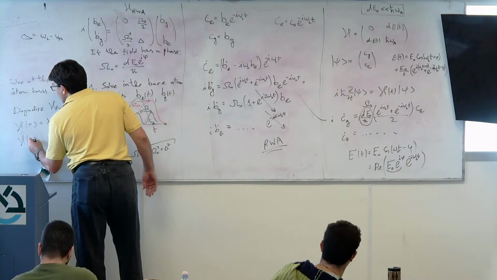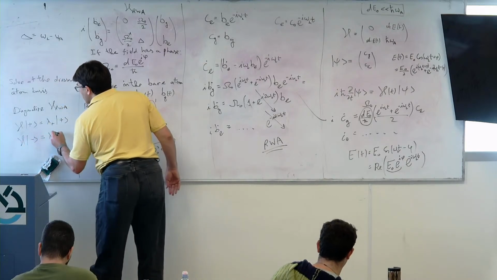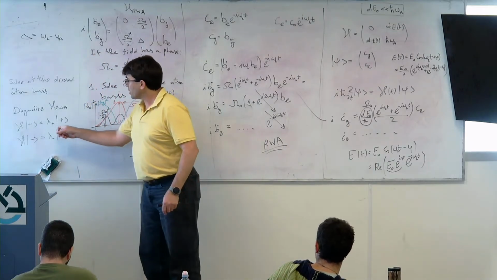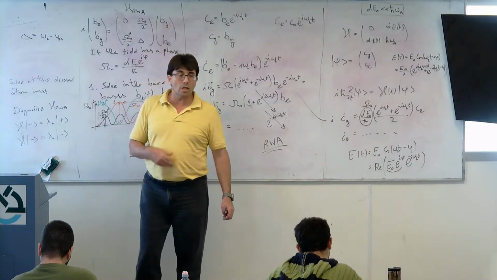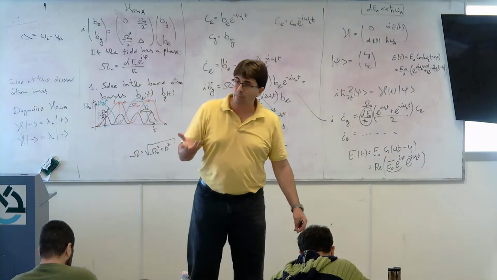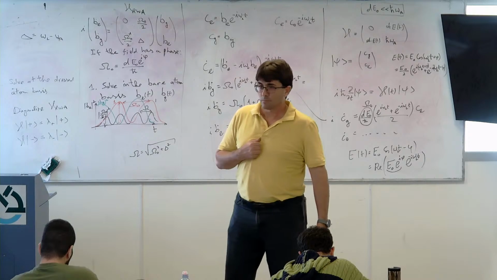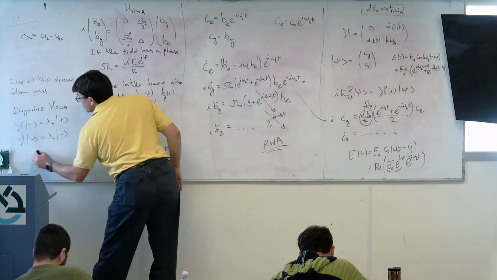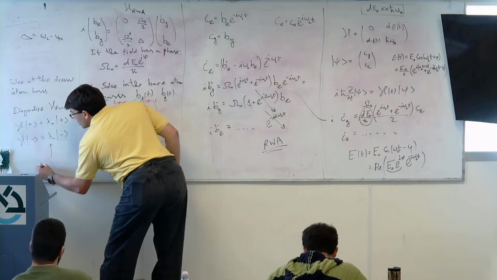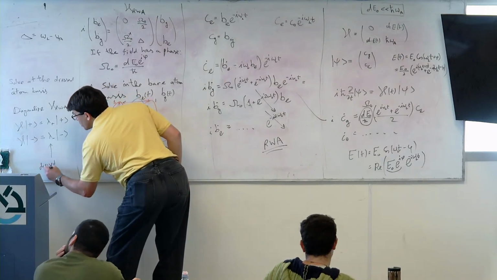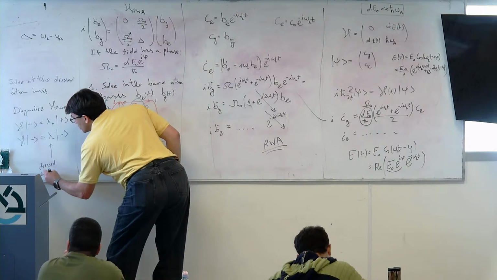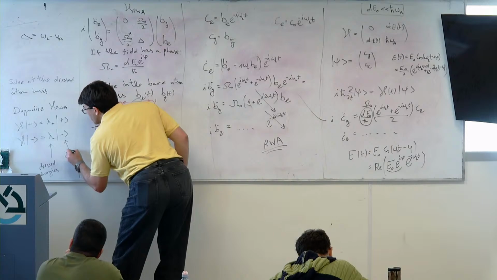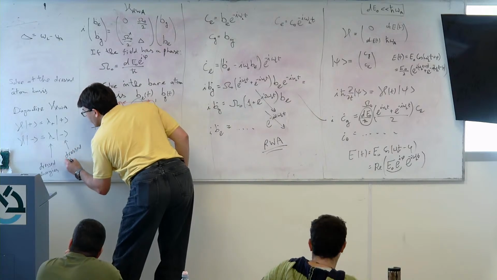H operating on state minus equals lambda minus on the same state, and we can find the eigenvalues, which are the eigenenergies of this Hamiltonian. Those are the dressed energies, and those are the dressed states.